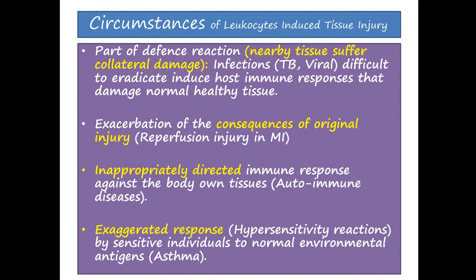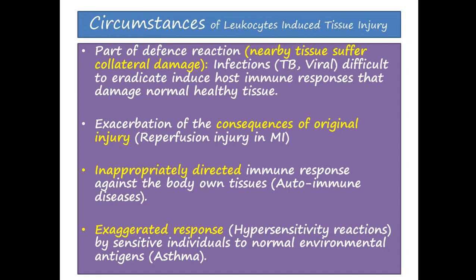We can say that normally a pet dog will not bite the persons of the house, but if it starts biting its own house members, then this is like an autoimmune response in which the immune cells attack and damage the body's own tissues.